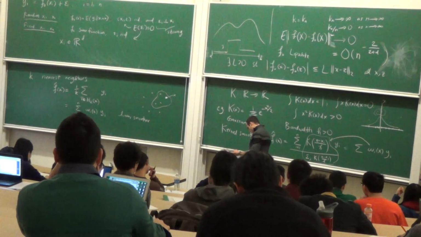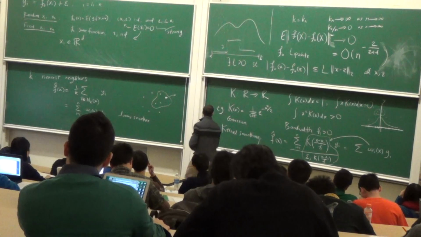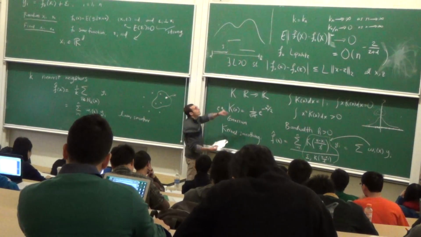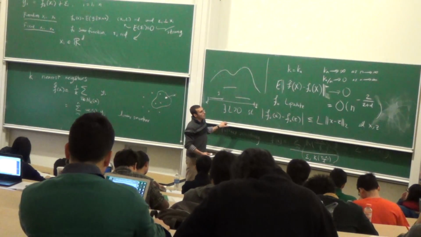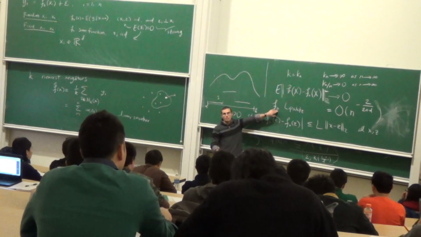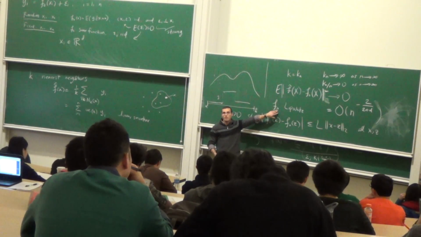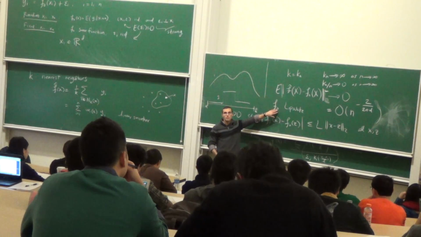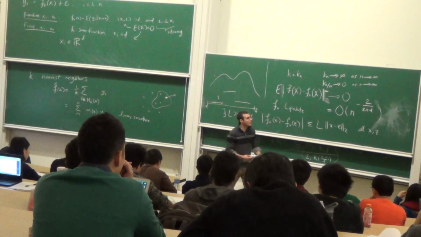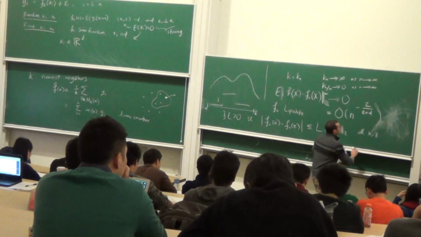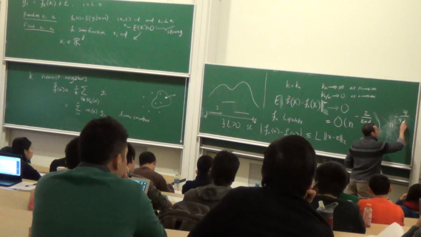For kernels, going back to the same statement here, if I assume that not f0 is Lipschitz, but its derivative is Lipschitz, so in a sense it's even smoother than this, then with kernels I get a rate that's n to the minus 4 over 4 plus d.